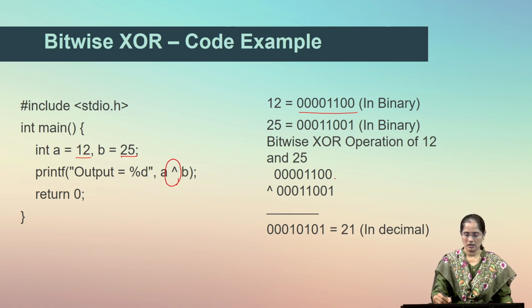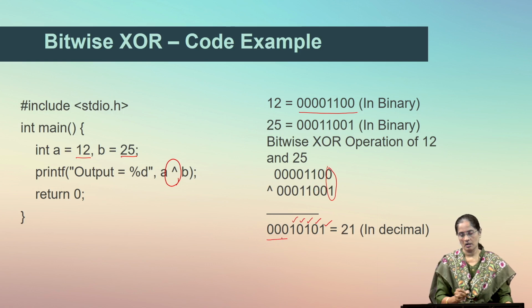Here we can see that the first corresponding bits are 0 and 1, hence we get the output to be 1. For the second bit, both are 0, so 0. For the third bit, it is 1 and 0, so we get 1. Then 1 and 1 we get 0, and then 0 and 1 we get 1, and all the other bits are 0.